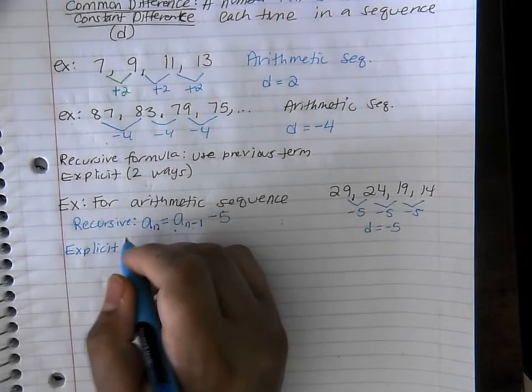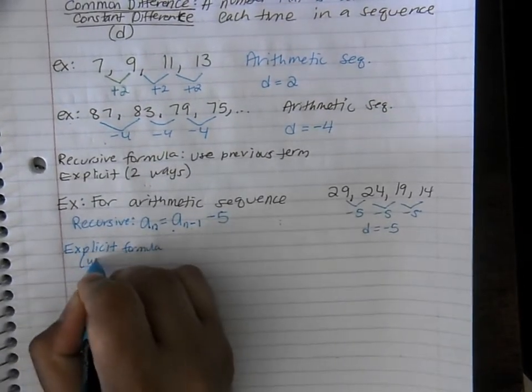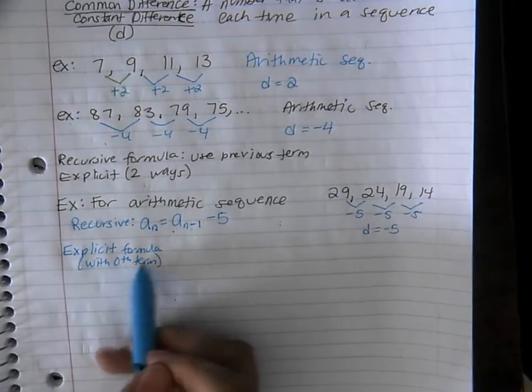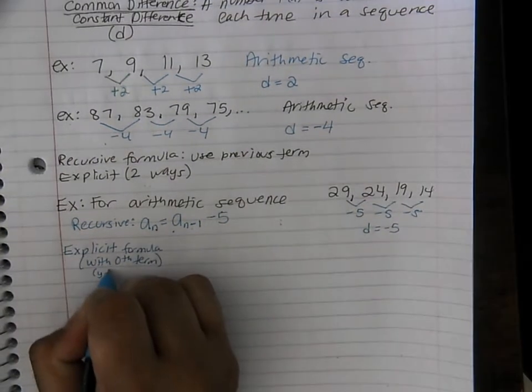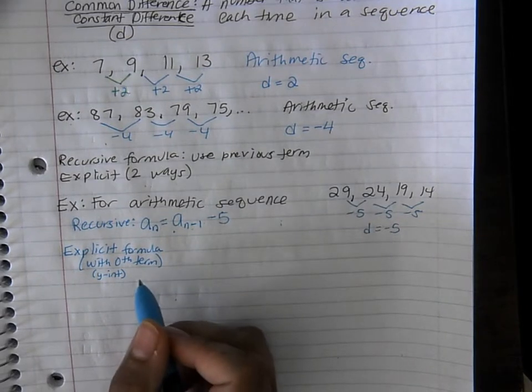Again, there are 2 ways to write explicit formulas. One is called with the 0th term. Basically what this means is what we saw on Monday with the y-intercept, so I'll put that in parentheses, because that's essentially what we're going to be using.